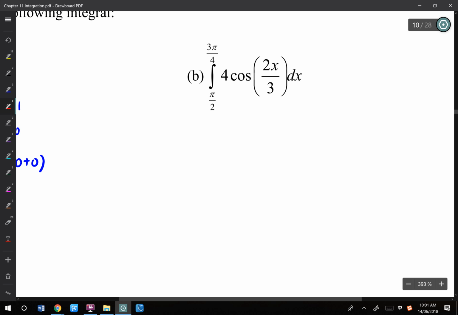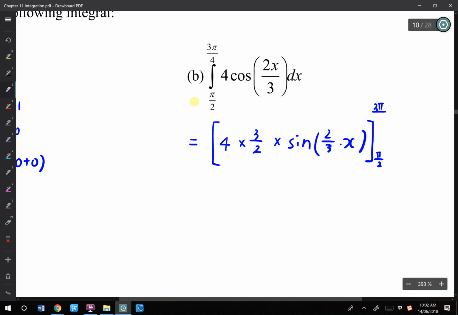But anyway, when you have 4 cosine of 2x over 3, that's 4 times 3 over 2, 1 over a, times cos goes to positive sine, and that's 2 over 3x. I don't like to put x together with the coefficient. And I don't need to plus c because it's a definite integral. And I have pi over 2 to 3 pi over 4.